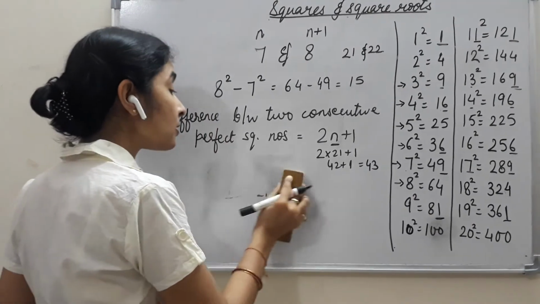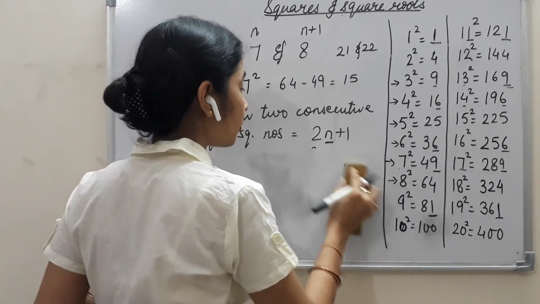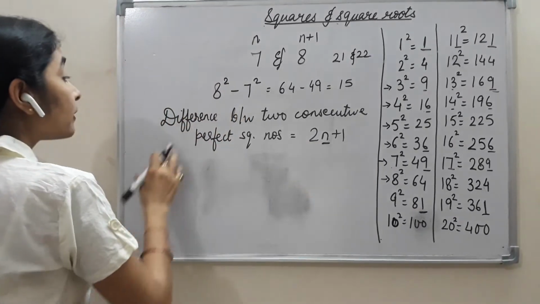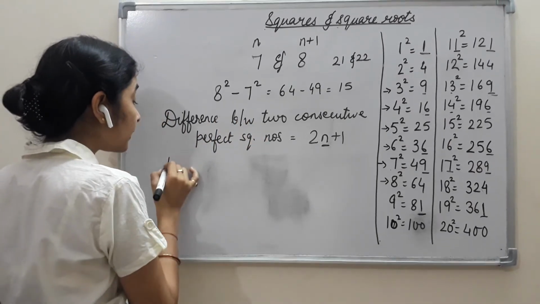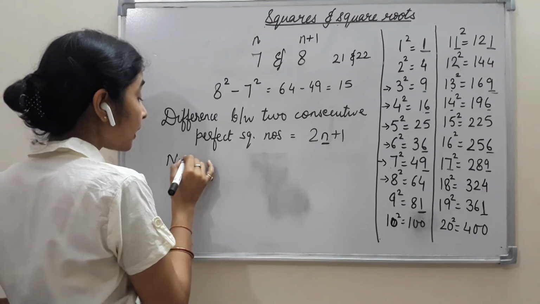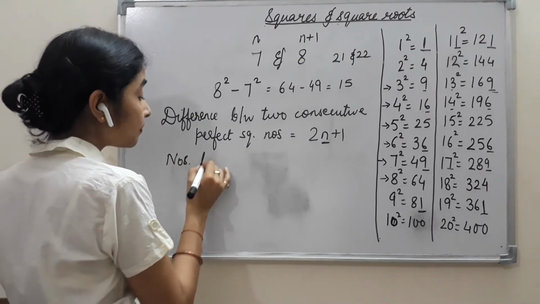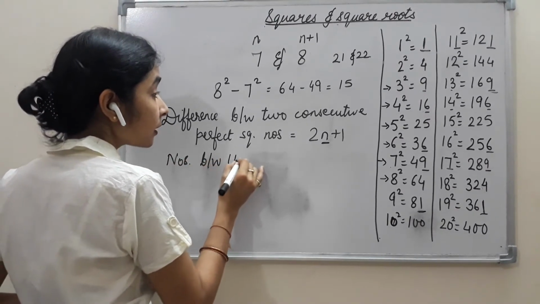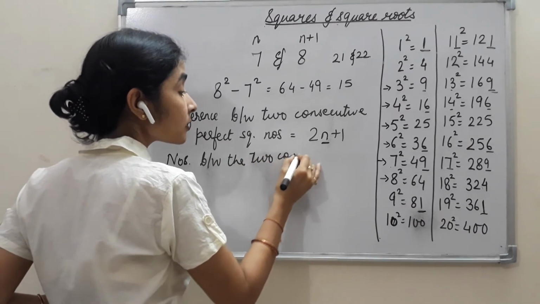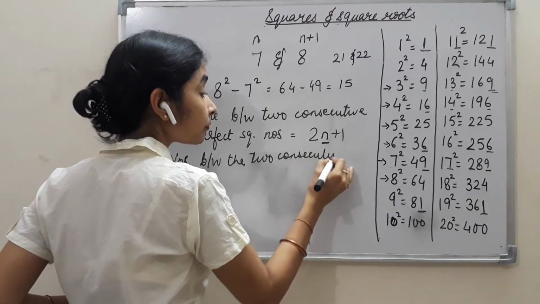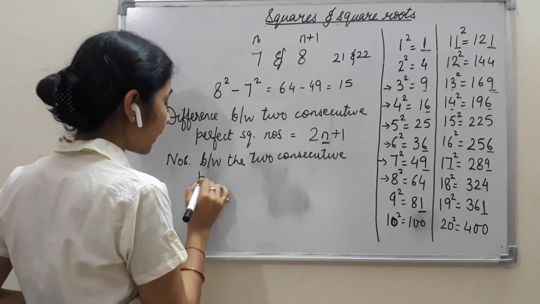Now this question can be asked in another way also. We can be asked how many numbers are between the two consecutive perfect square numbers.